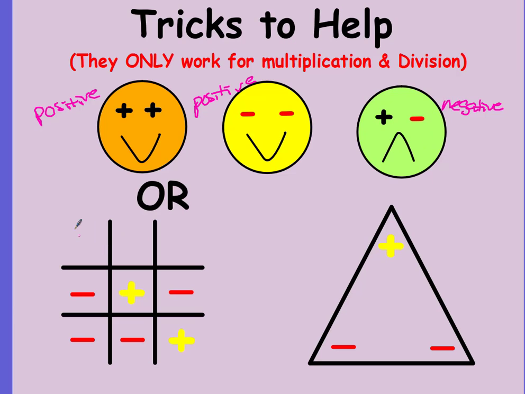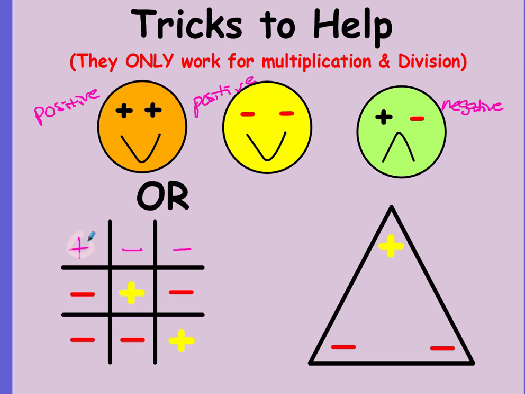You can also make a tic-tac-toe chart. For some reason, this didn't complete, but on the tic-tac-toe chart, you're going to do the positives in one of the diagonals. It doesn't matter which direction you go, but in one of the diagonals, you'll put positive symbols. Every place else, you're going to put negative symbols. And the way this works is you just start, I'm going to start here.